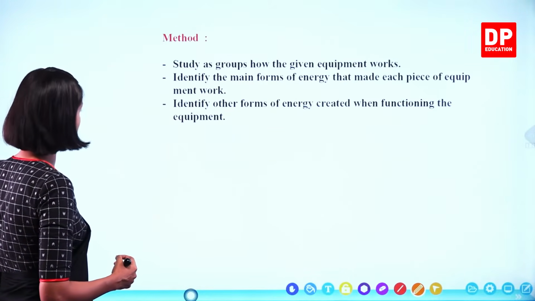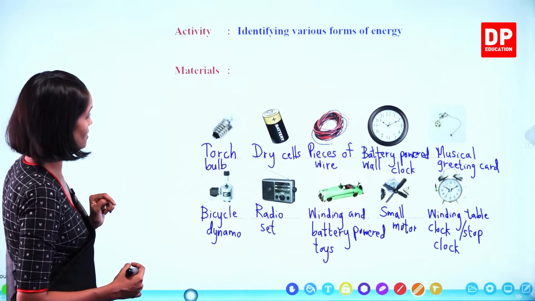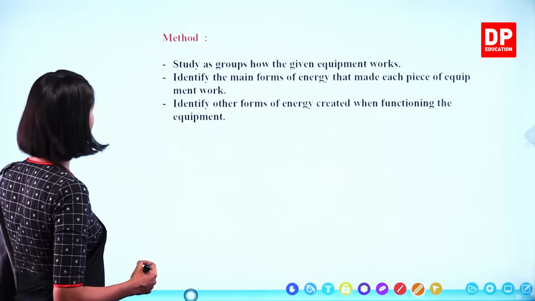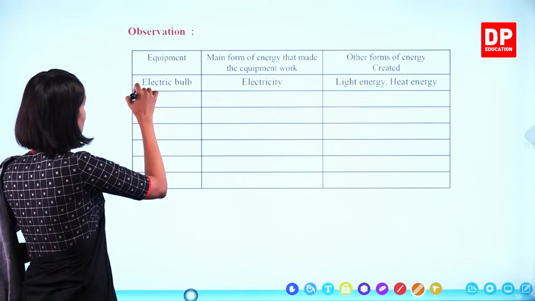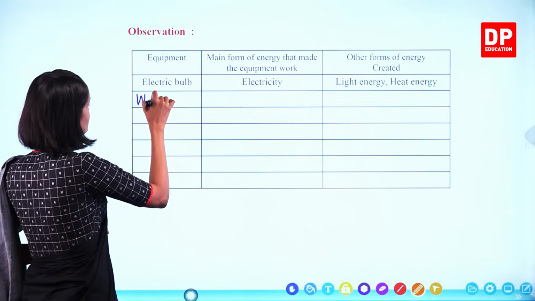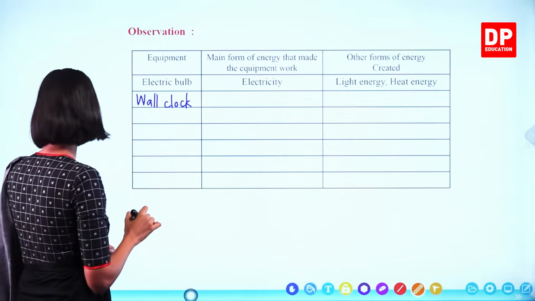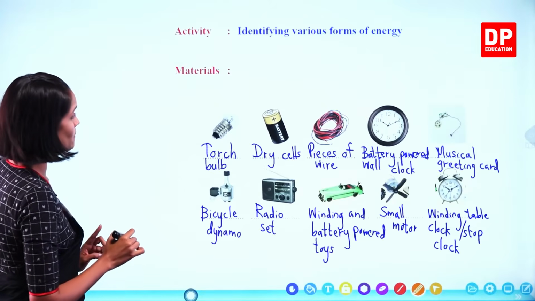We will write the other examples as well. So what are the other things we used? Here we can next write this one, battery powered wall clock. Right? Wall clock. First we will write these, no?